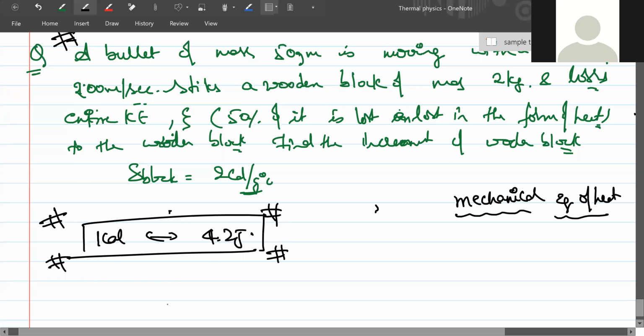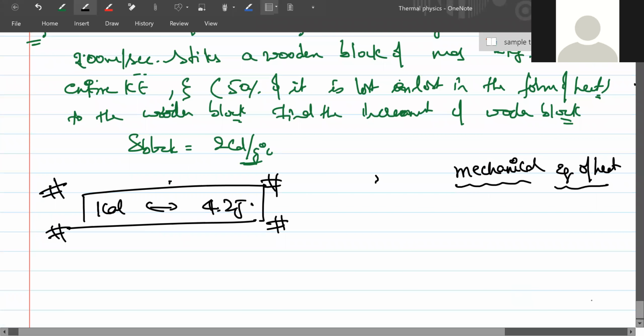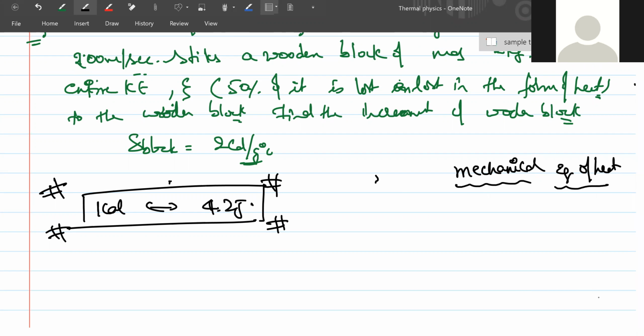Now, here the bullet will have kinetic energy, that is mechanical energy. That gets converted into heat energy, but only 50% of it gets converted. So whatever energy the bullet can give, you need to take half of it. 50% means half of it, right? That should be put as the amount of heat gained by the block.